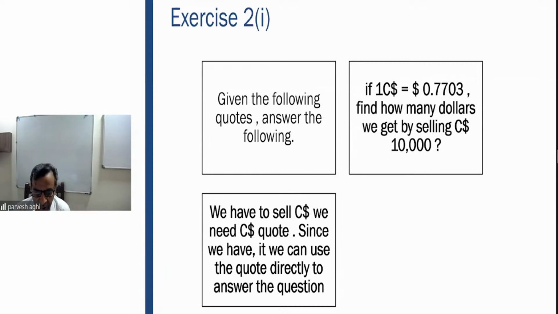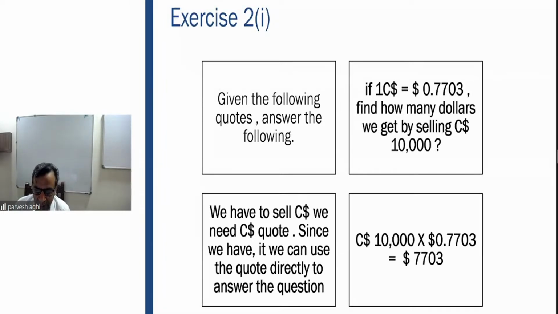We have to sell Canadian dollars, so we need the Canadian dollar quote. Since we have it, we can use it directly, which means we just multiply 10,000 Canadian dollars by 0.7703 to arrive at the number of dollars.